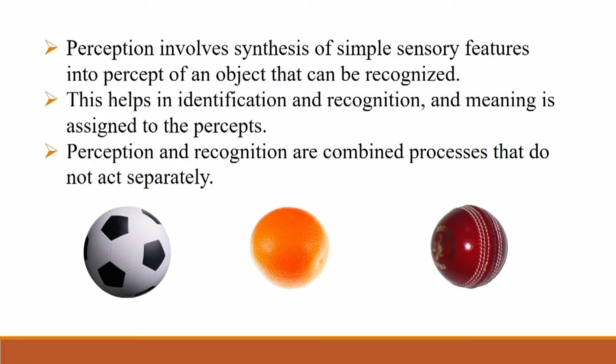This interpretation is happening, firstly, on the basis of your previous experiences, because you might have seen these three objects in your environment and seen people using them differently. Then you are also using different information. In the first object, why did you say it is a football and not any other ball? It is because it has a pattern to it.